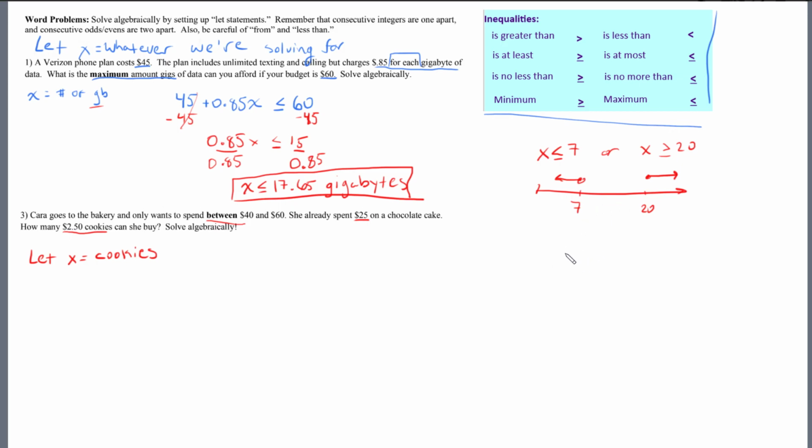Whereas if we had something like x is greater than or equal to 7 and x is less than or equal to 20, that's something we can rewrite with x between those two numbers. And we know that because if we were to graph it on a number line, the solution set is the numbers that lie in between 7 and 20. So when you see between, that's an indication that you're dealing with an and statement.